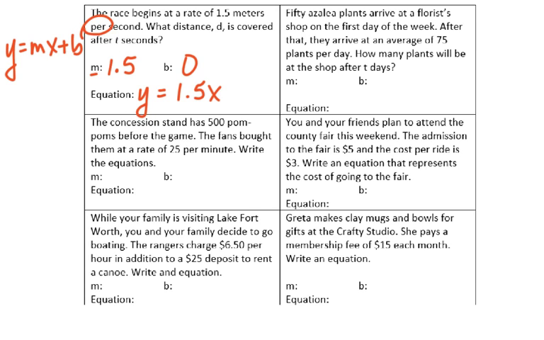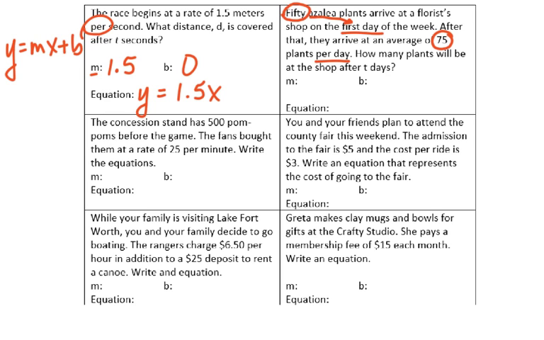All right, the next one, 50 azalea plants arrive at a florist shop on the first day of the week. After that, they arrive at an average of 75 plants per day. How many plants will be at the shop after t days? So we've got this 50 azalea plants, and it's associated with this, that it says first day. And then we've got this 75 plants per day.